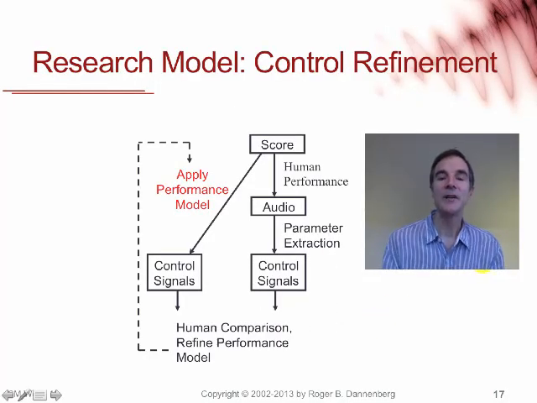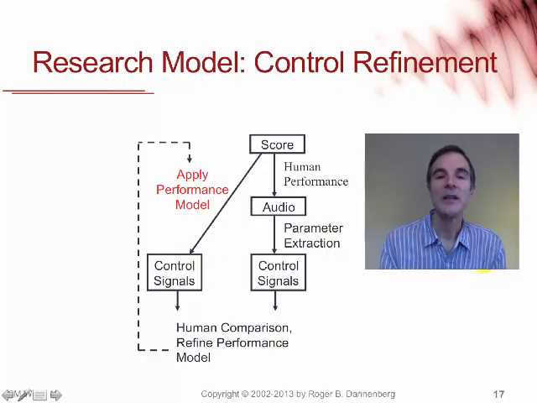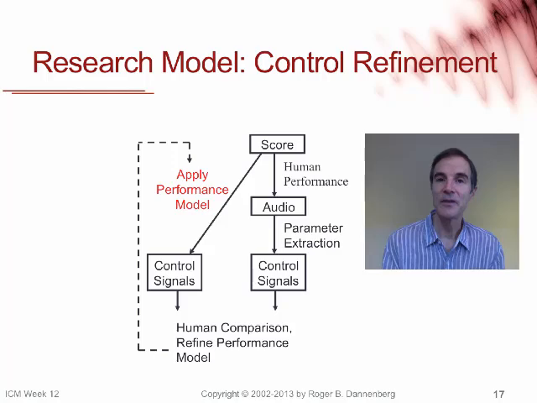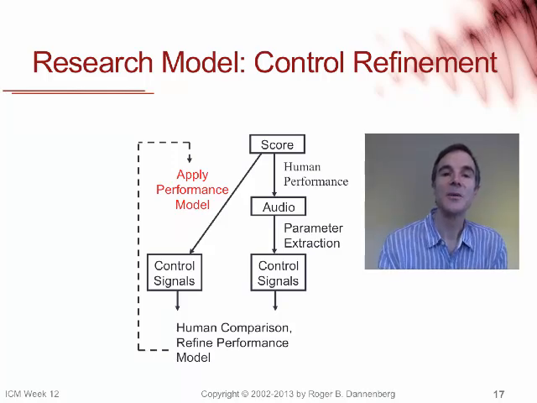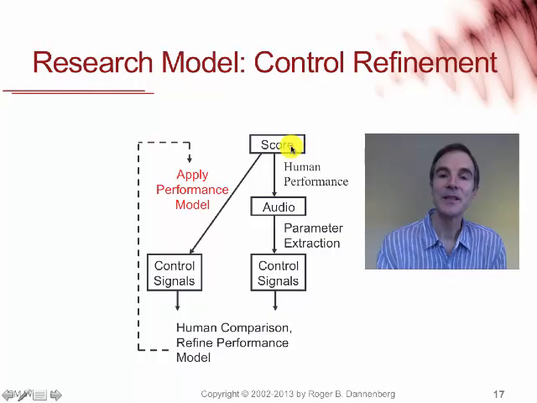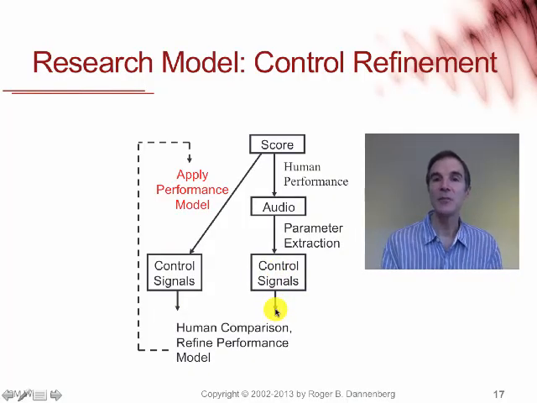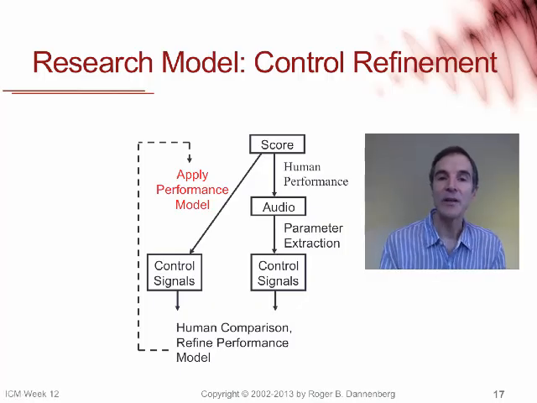Now that we have a good instrument model, the next thing we want to do is solve the control model or the performance model and refine it. And so the way we do that is, once again, we go back to the human performance, we extract parameters, and we have these control signals from which we can use our instrument model to produce audio.